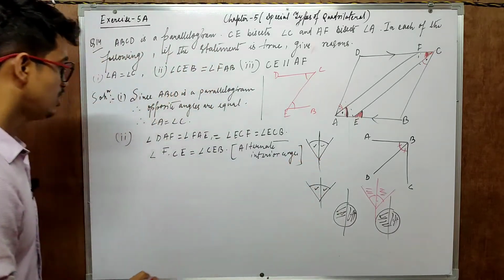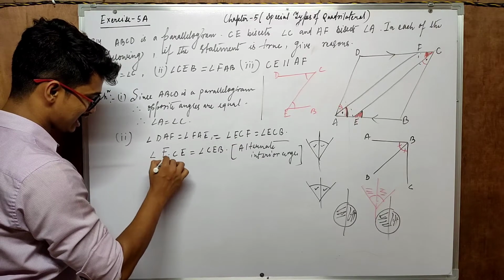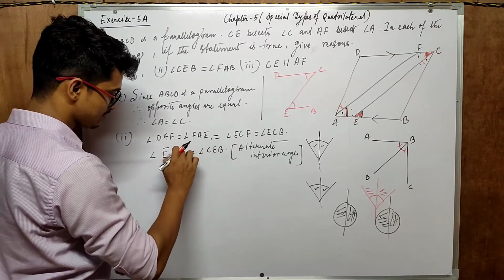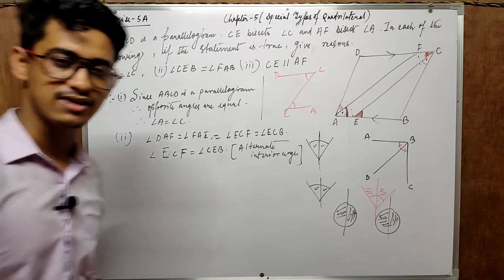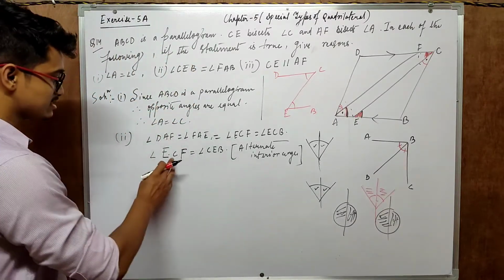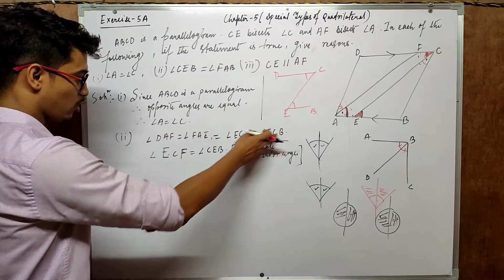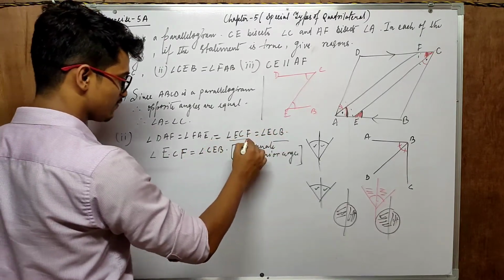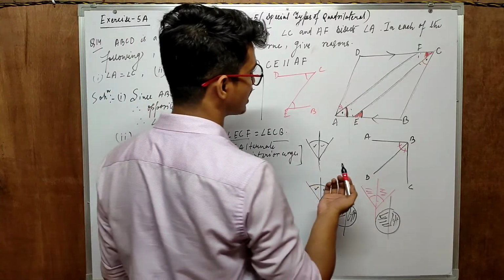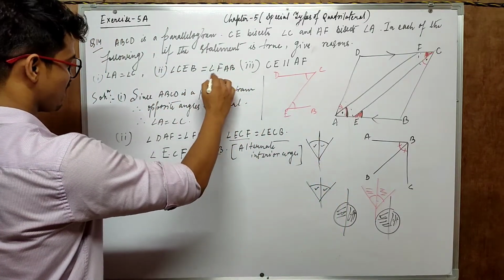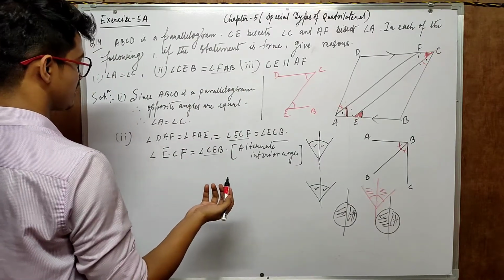FCE and ECF are both the same, so these two angles are equal. In the whole portion, ECF is there and that is equal to CEB. So completely we can understand that FAB, where is FAB? FAB.